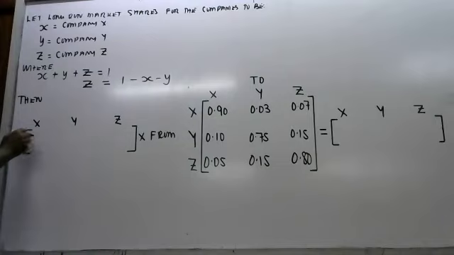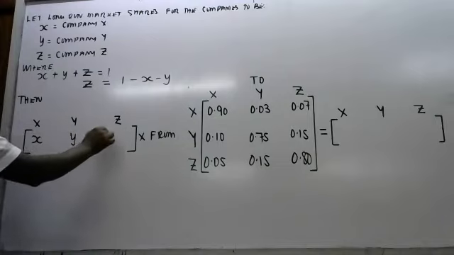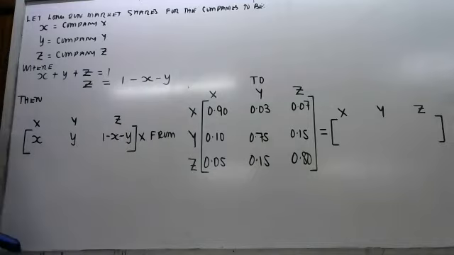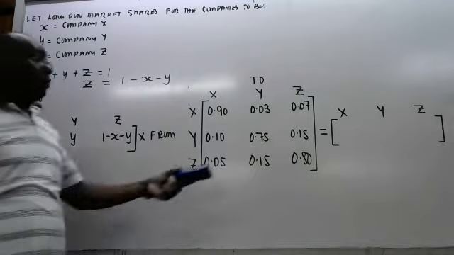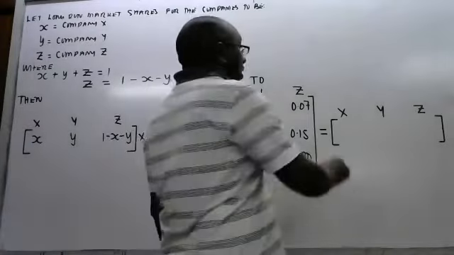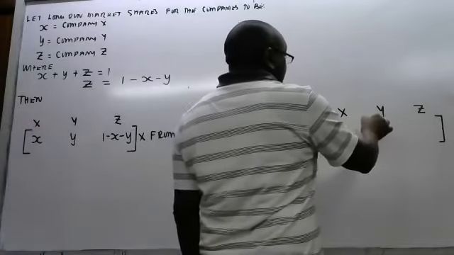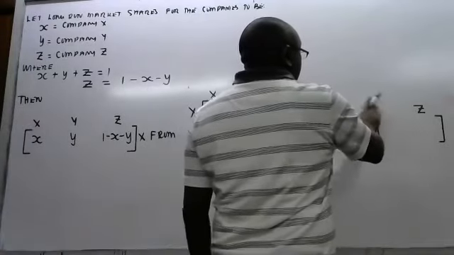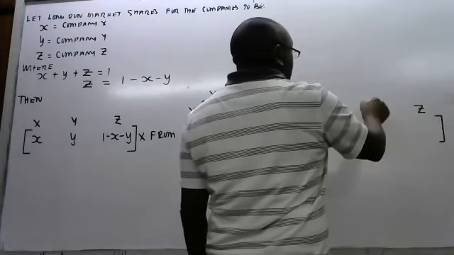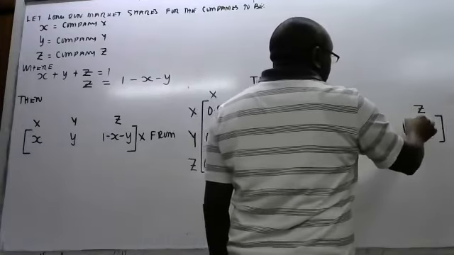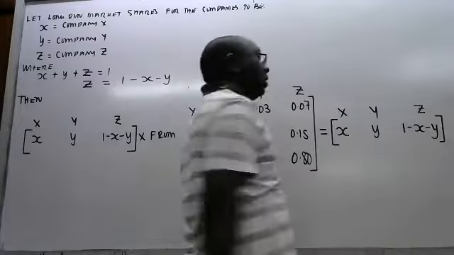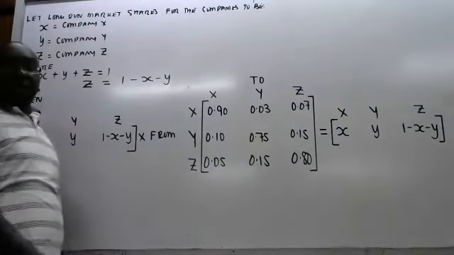So this is X, this is Y, this is 1 minus X minus Y. Then the sides are the same thing: this is X, this is Y, and this is 1 minus X minus Y. So copy up to that point.